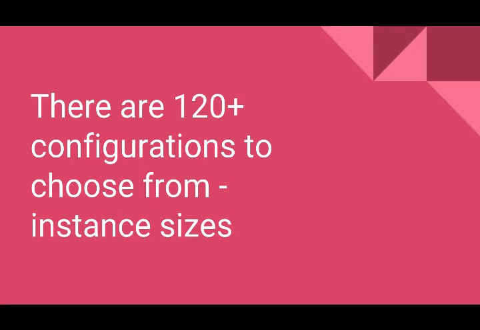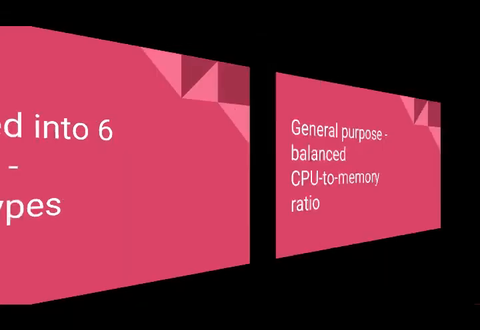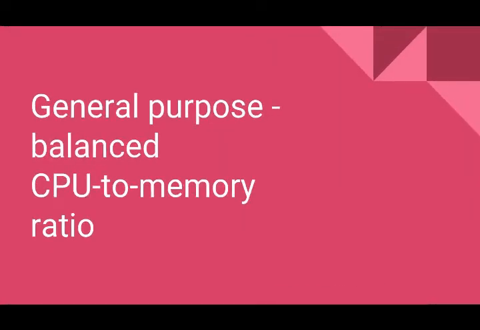You might have to go to specific regions of the world for that. Okay. Those 120 plus virtual machine sizes get categorized into what are called instance types. And so in this video, we're going to review the different instance types. The first one we'll talk about is the most common.